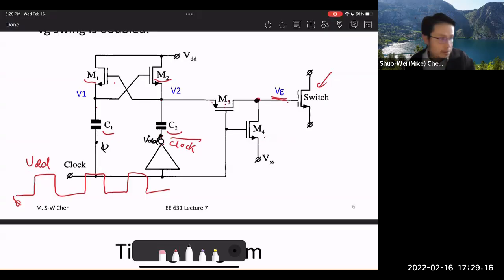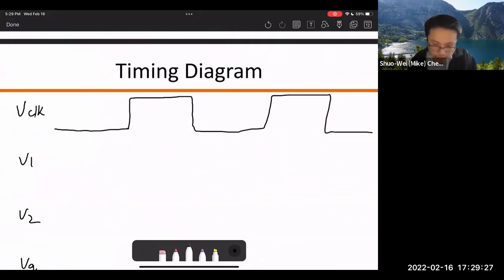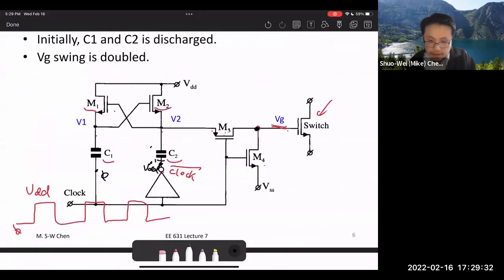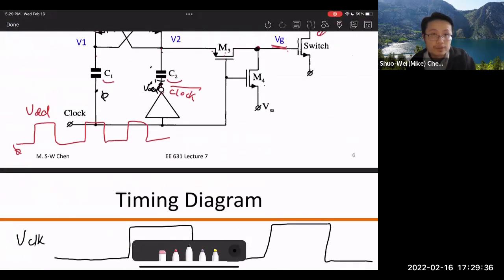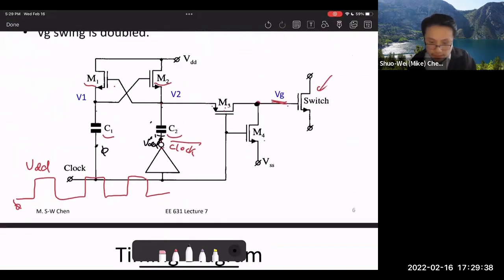So there's no voltage drop there. C2 initially was reset, so there's no charge across that. So V2 to begin with will start at VDD, right? In the beginning this is VDD and this is VDD, right? So V2 is VDD.